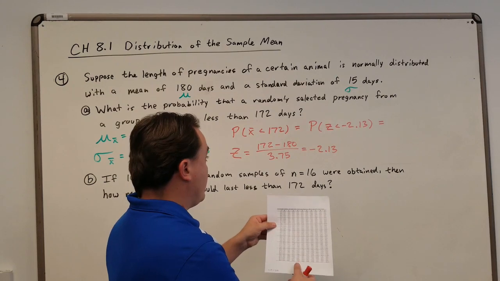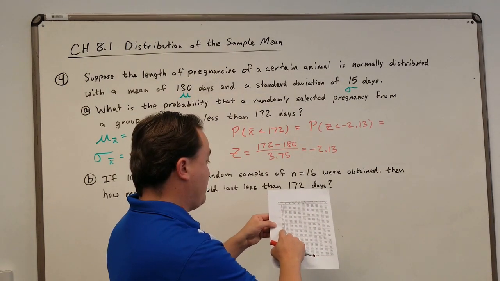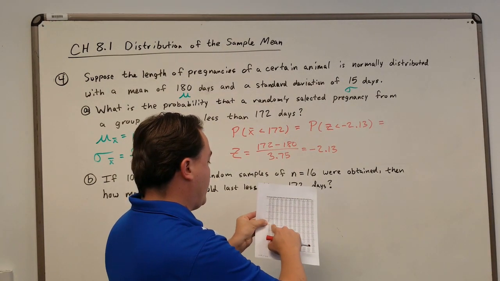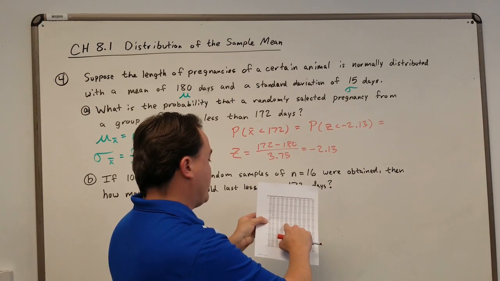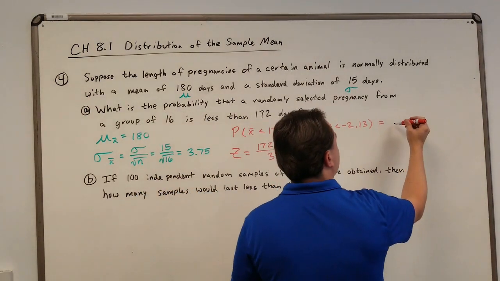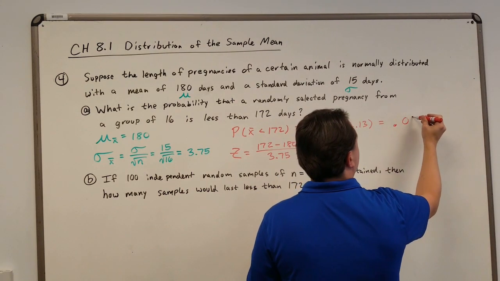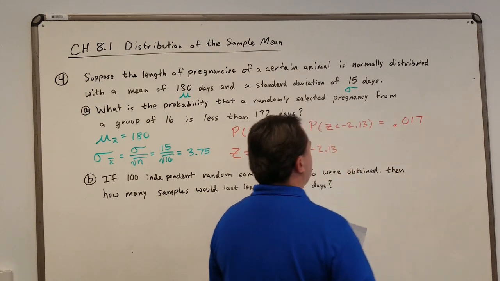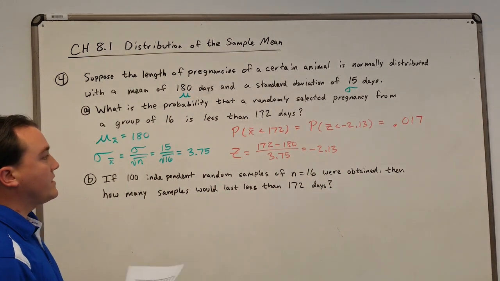So negative 2.1 and then 0.03 is 0.017. Okay, and that's the answer.